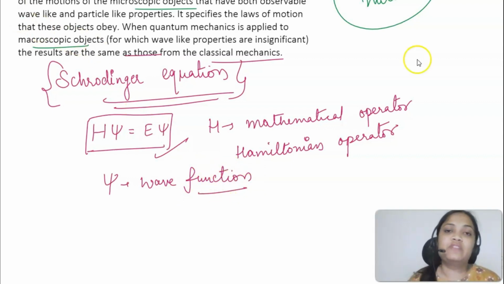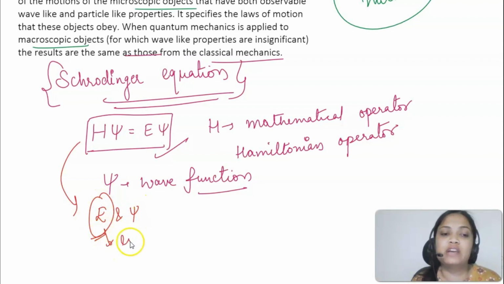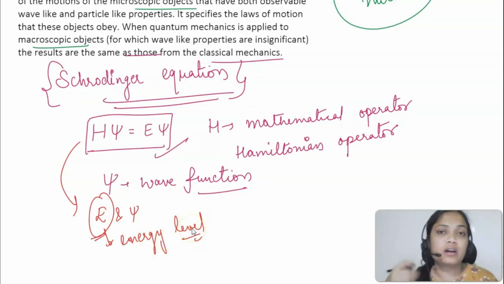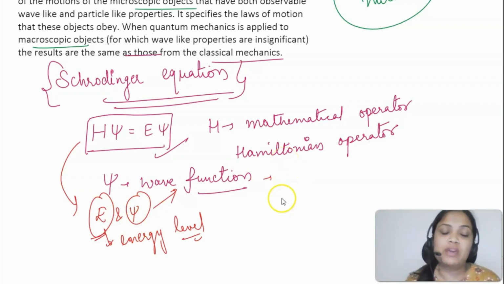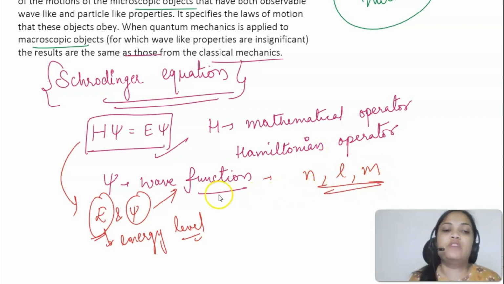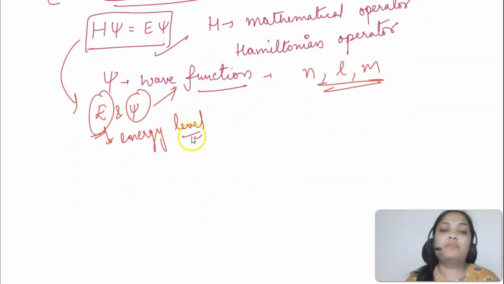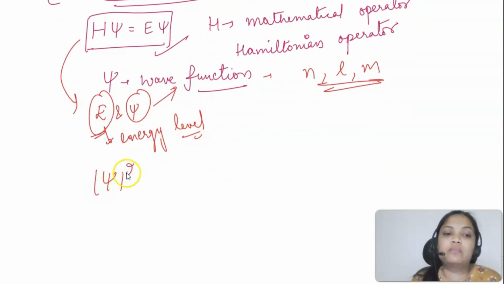Okay. So when we are solving this equation for a hydrogen atom, let's say, we will get the values of E and psi. E are the energy levels, so it tells us about all the energy levels the electron can occupy, and psi is the wave function which has all the information about the electrons. They are categorized by 3 quantum numbers that we will study, n, l and m. So the wave function tells us all about the electron, and the probability of finding the electron is given by psi square.